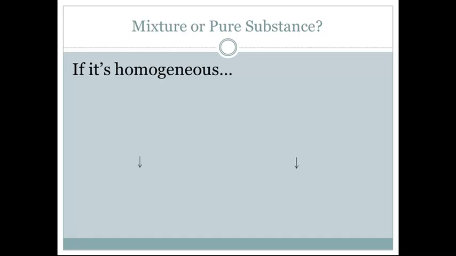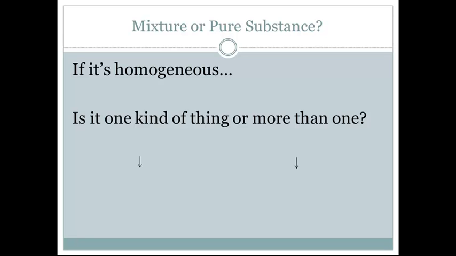And by the way, page 9 of Chemistry, the Central Science, has a lovely chart to diagram this. But let's say you've got something, you know it's homogeneous. Well, is that homogeneous stuff just of one kind of thing? Or is it made up of more than one kind of thing? So for example, if someone gives you some tap water that's homogeneous, usually tap water has some other things in it as well. It may have some chlorine or fluorine in it to purify it.